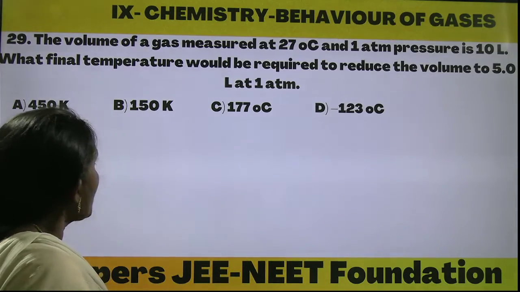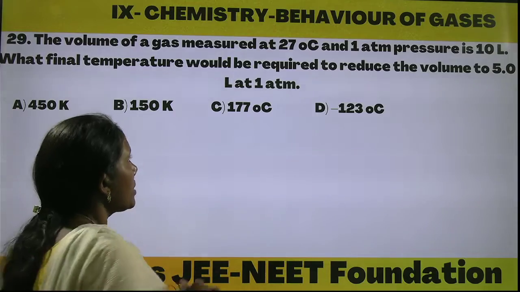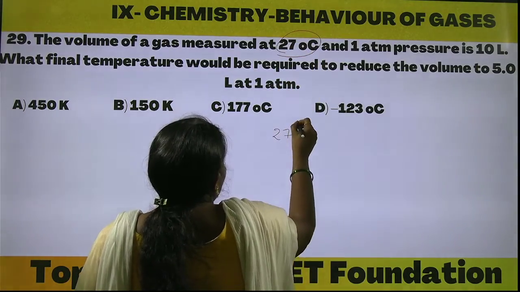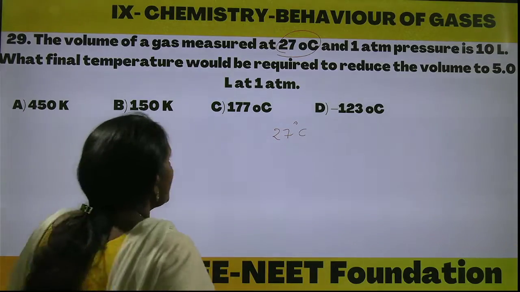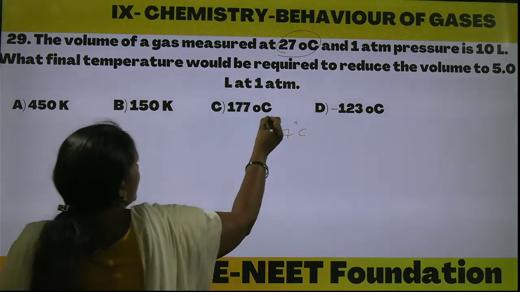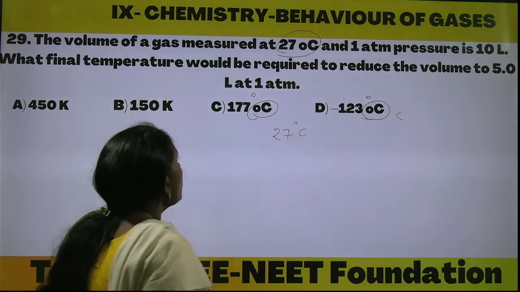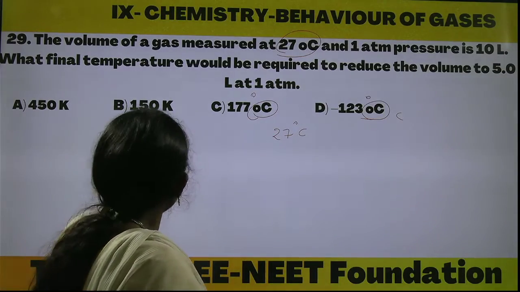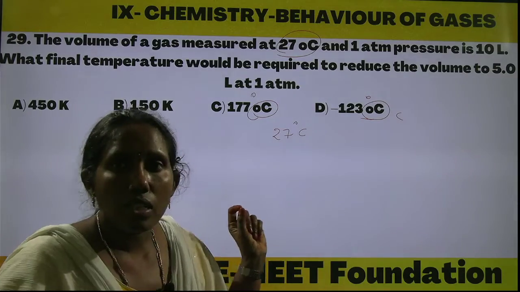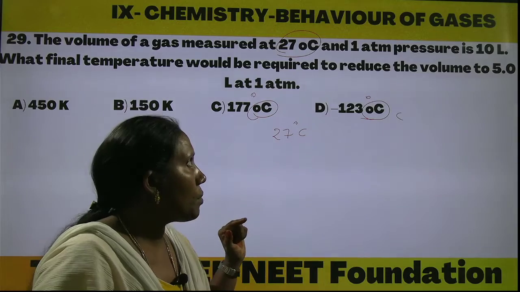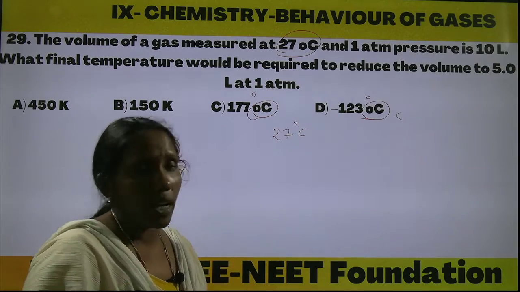The volume of a gas measured at 27 degrees Celsius. This symbol is for degrees Celsius. So, come to the question. The volume of a gas measured at 27 degrees Celsius and 1 atmosphere pressure is 10 liters.